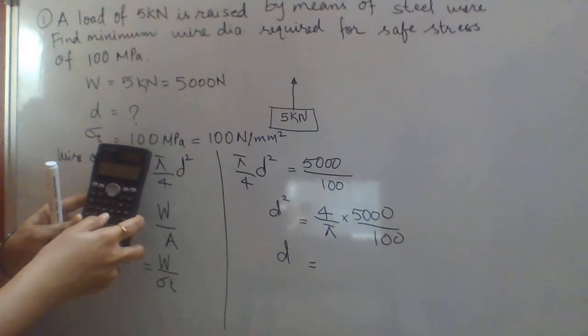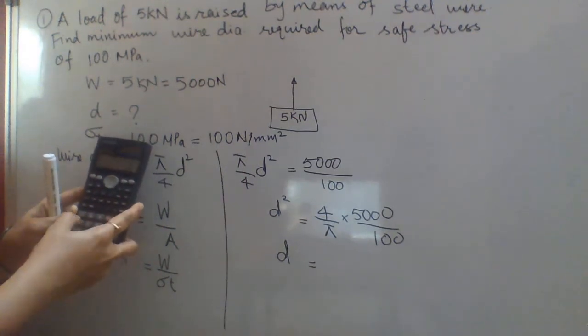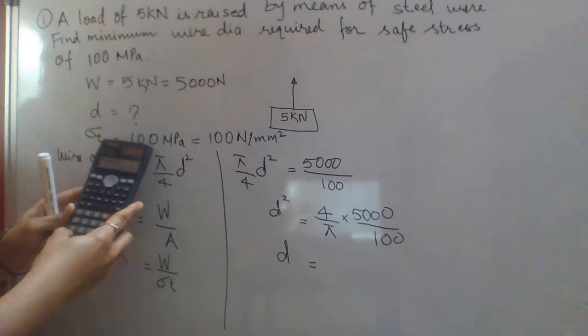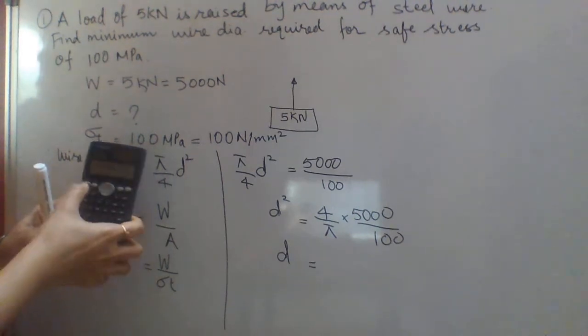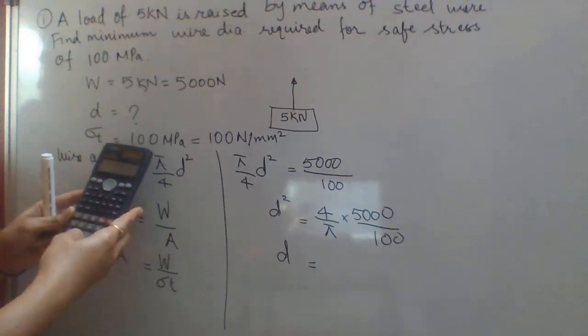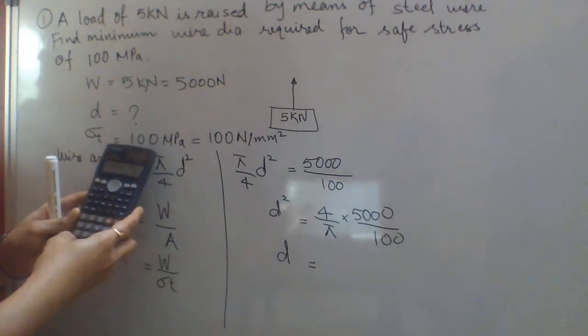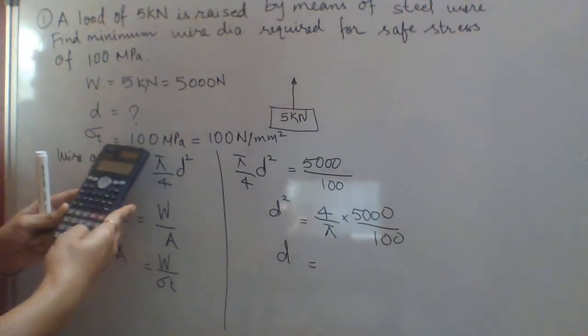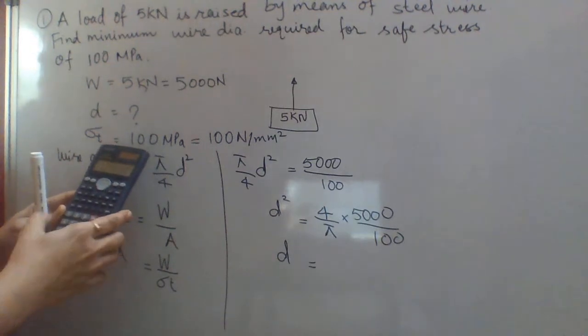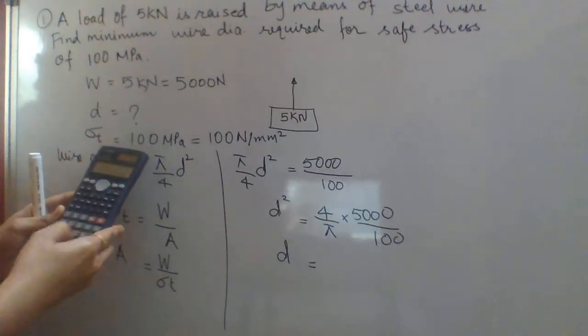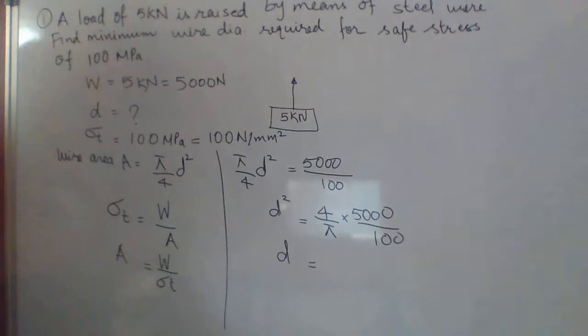With the help of two brackets, we will solve this: 4 into 5000 divided by pi into 100. Answer is 63.66. We will take the square root of the answer, 7.97.